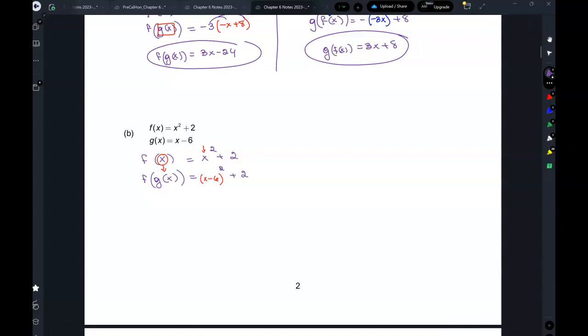Okay, so let's simplify this now. X minus 6 squared, that's like x minus 6 times x minus 6, remember? Plus 2. Remember this was on the test too? We had something squared. Okay, so when I FOIL this, x squared minus 6x minus 6x plus 36 plus 2, x squared minus 12x plus 38.